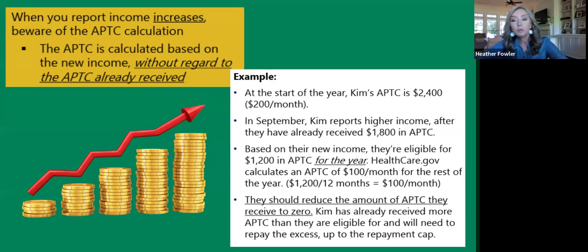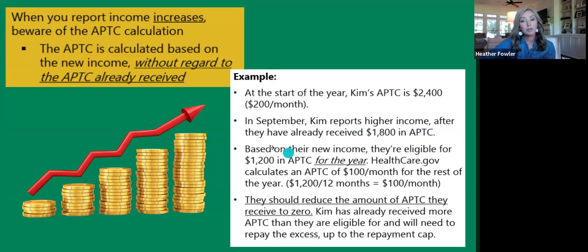And when you put that in and you calculate her new tax credit, it's going to change. Okay. So now keep in mind, because she's had it from January to September, she's already used $1,800 of that premium tax credit. Okay. She was going to get $2,400. She's used 1,800. Now she's updated her income.